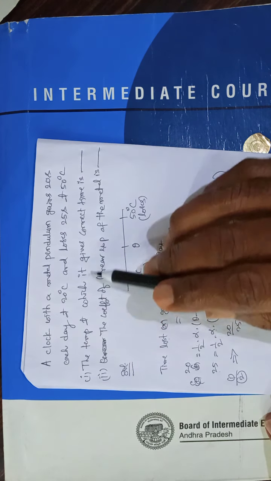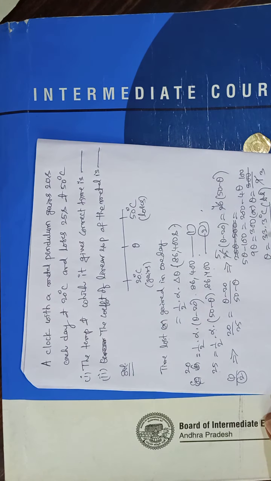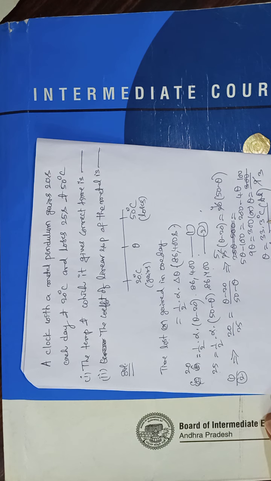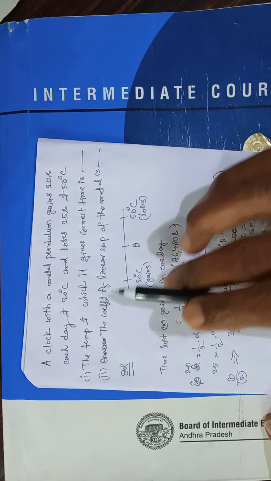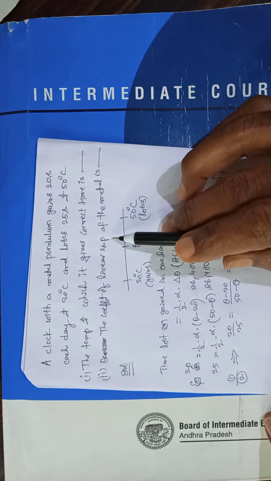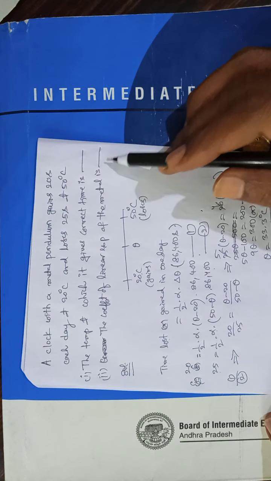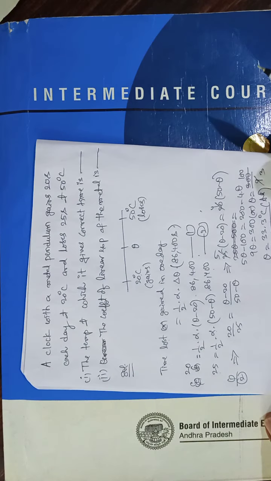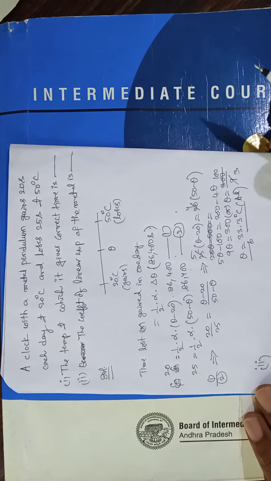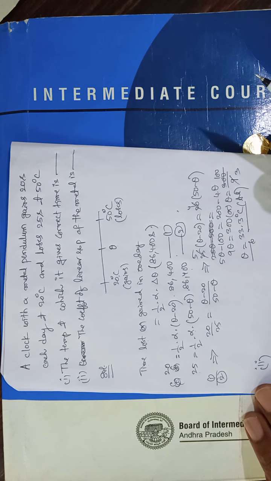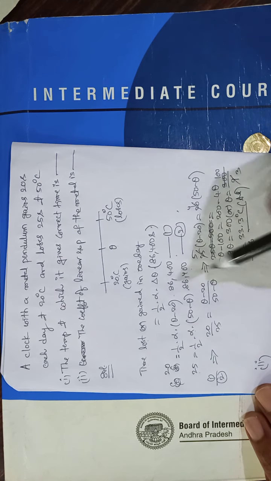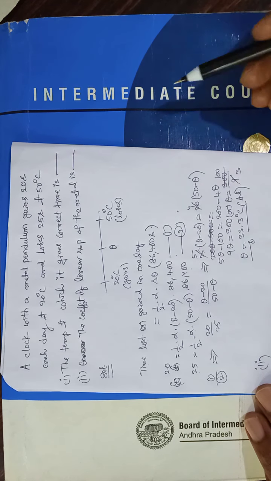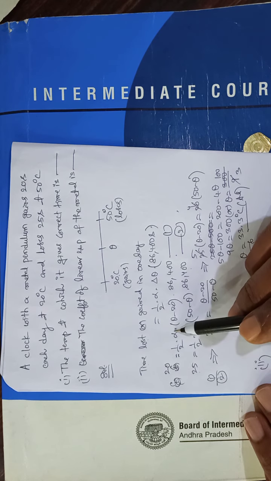At this temperature it will give the correct time. Now the coefficient of linear expansion of the pendulum's metal is asked. Here we are having two equations. You can choose either to find the alpha value.